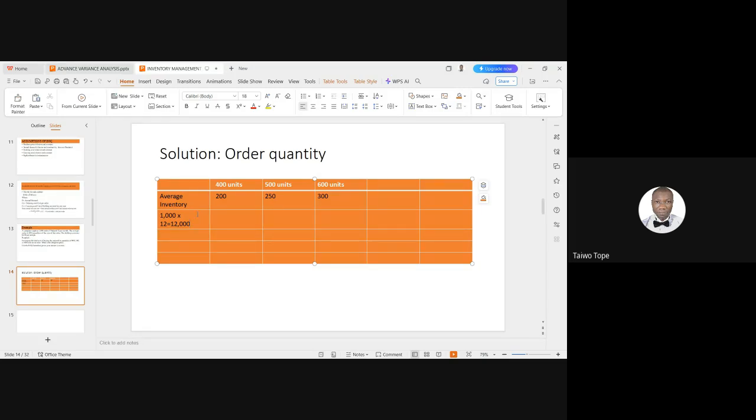Now, if you need to buy 400 units every batch, and you need 12,000 units in a year, how many batches will you have? Or how many orders will you make in a year?